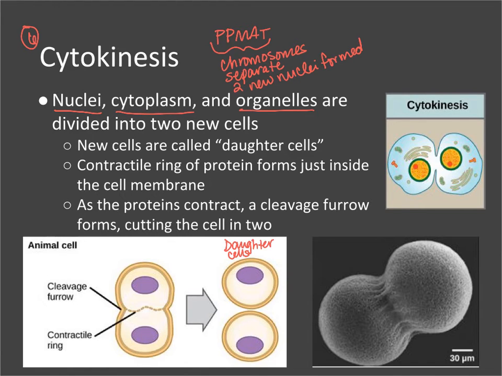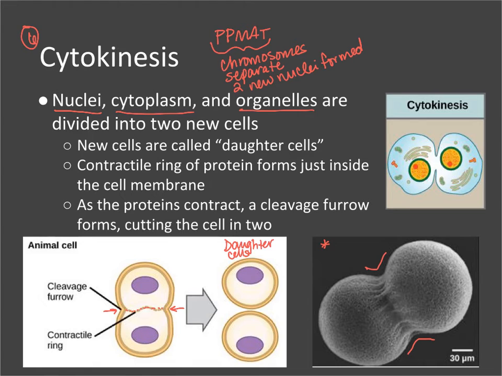So to form these two cells, you have this contractile ring that forms, and the cell membrane starts to pinch in. And this is a really cool picture over here, in my opinion, because you can see that pinching in of the cell membrane really clearly.